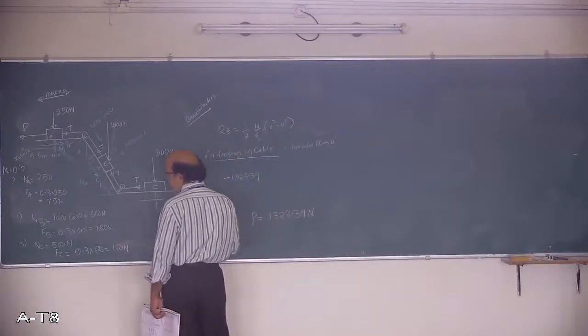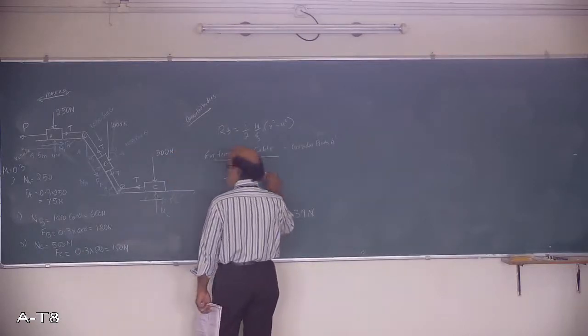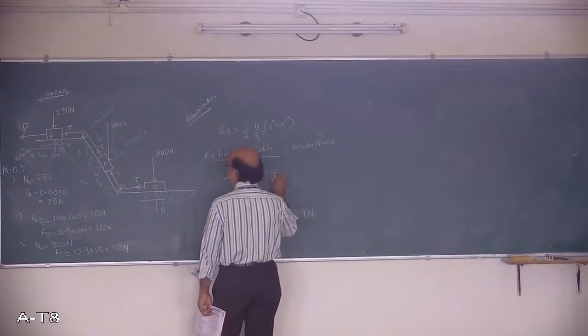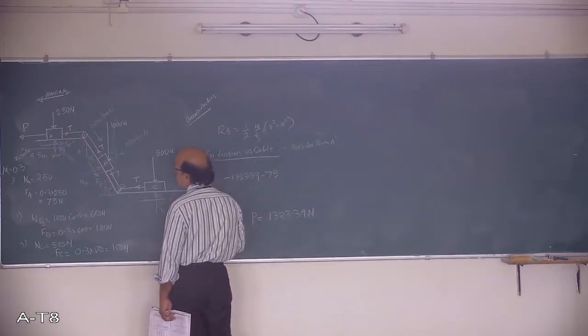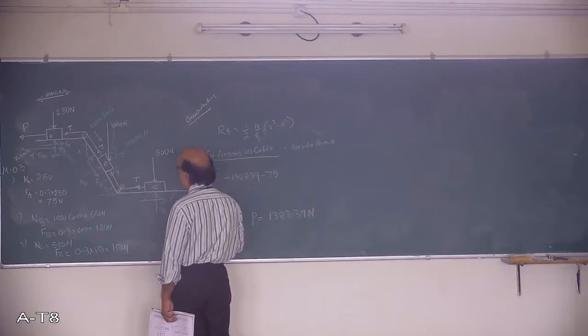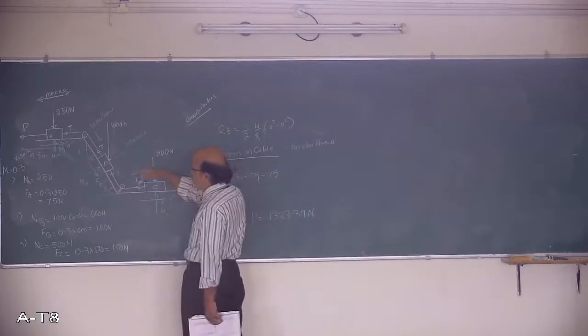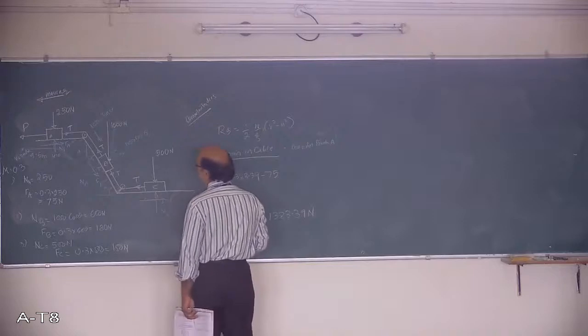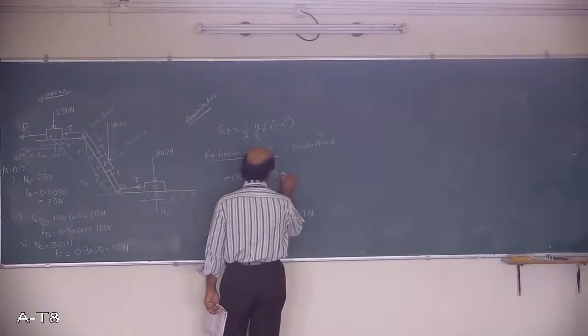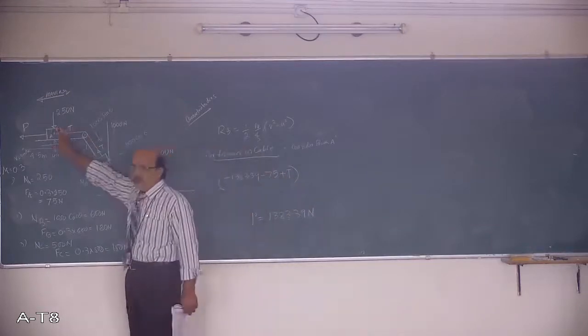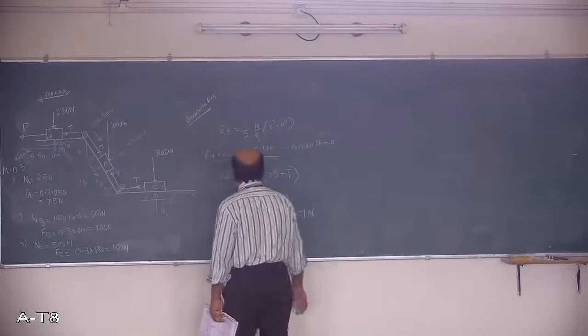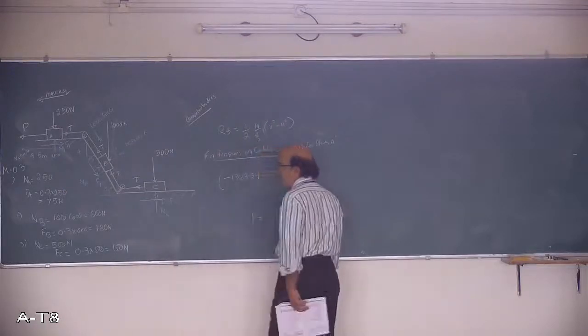FA is acting in this direction, minus 75 Newton force. I am writing R for the R value. And are any other things there? Nothing else is there. T is acting. Now I am considering only the free-body diagram for block A. T is acting in this direction, plus T. These are the forces which are acting on this block. Only for one block I am drawing the free-body diagram and writing the equation.